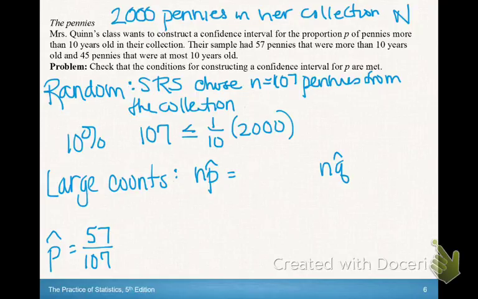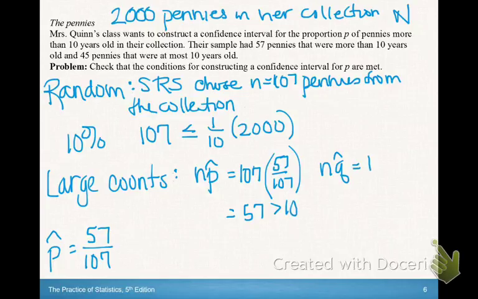So that's our p hat. n times p hat is 107 times 57 over 107, which is equal to 57, and that's greater than 10, so we're good. n times q hat is 107 times 45 out of 107, which is 45, also greater than or equal to 10. So all of the conditions for constructing a confidence interval for p have been met.